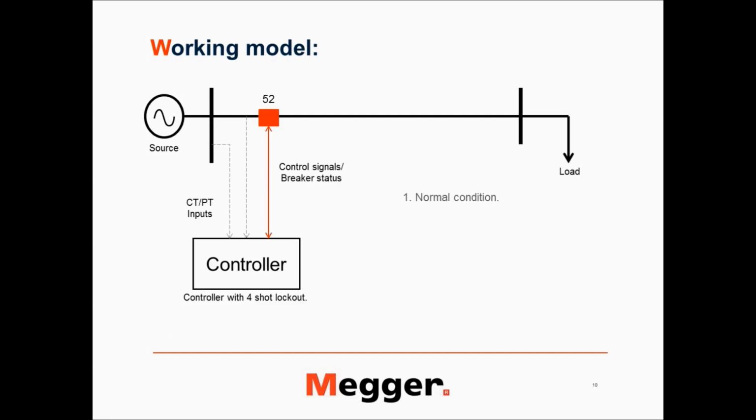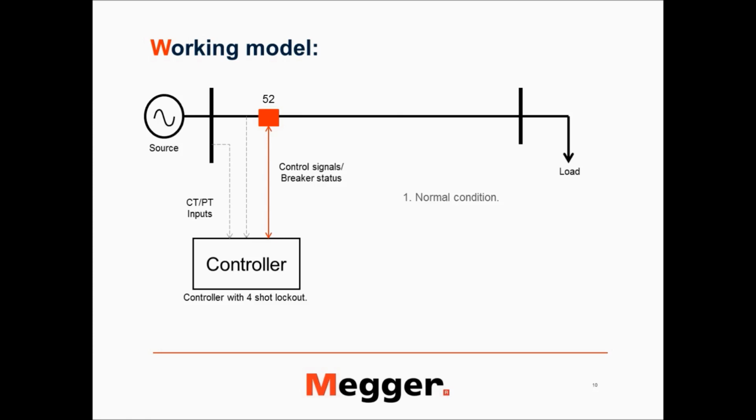The controller is always monitoring the current and voltage levels, and it is also aware of the circuit breaker status, whether it is closed or open. The red here means it is closed. The source is supplying the load through the breaker. So everything is working normally, no problem yet.